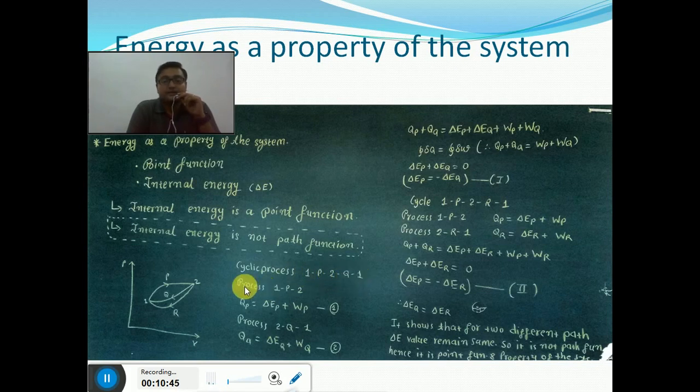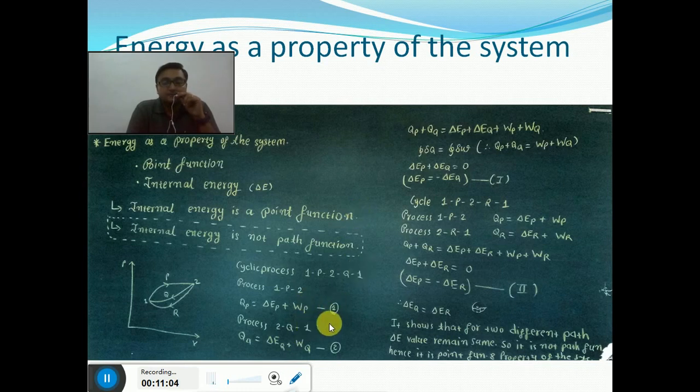Applying the first law of thermodynamics for a change of state, for the P path it gives QP is equal to delta EP plus WP, and for the Q path it gives QQ is equal to delta EQ plus WQ.